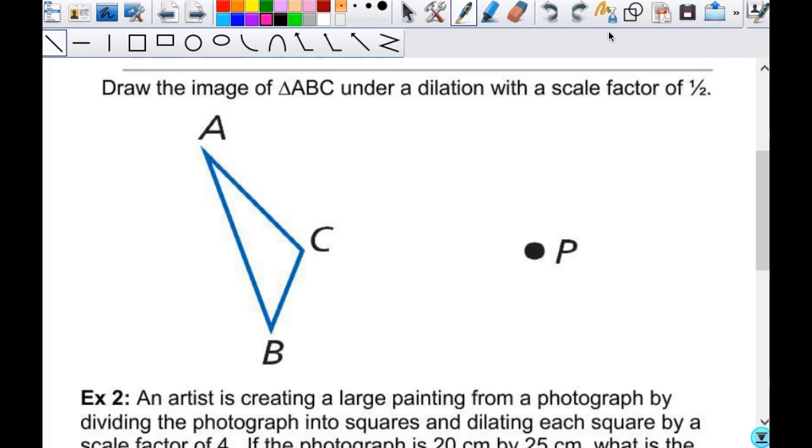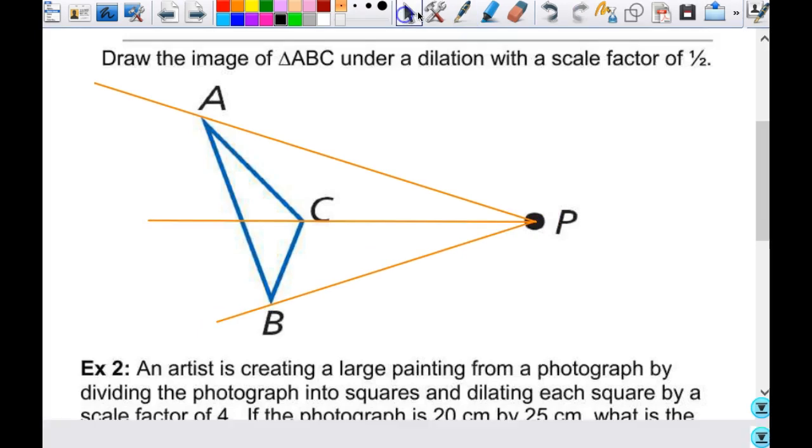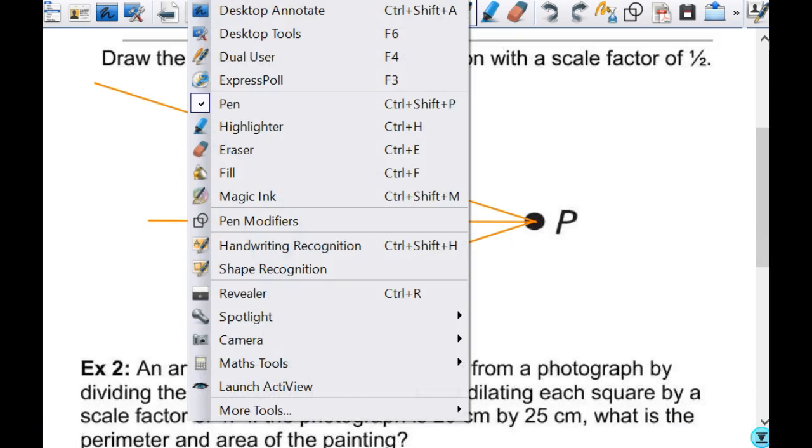All right, so with my straight edge, I am going to connect point P through each one of the vertices, like so. And then I need my ruler again.